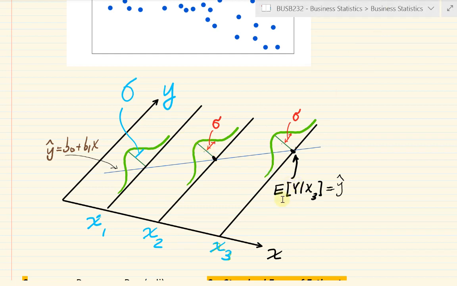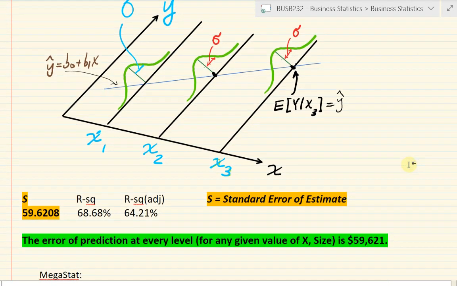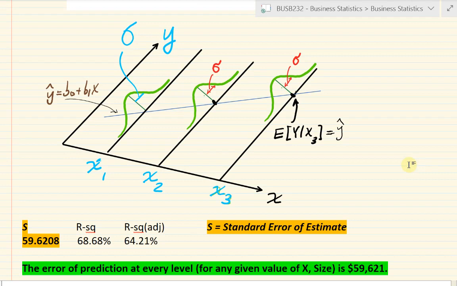And again, the final note here is that the center of every normal distribution is allowed to be different, and is determined by the regression model. That's why, when I mentioned what we are predicting, we are predicting the center of these distributions, the mean or the average, given by the regression line. So that's the assumption. Now, we are near the end here. The other information in the regression output is this piece right in here.